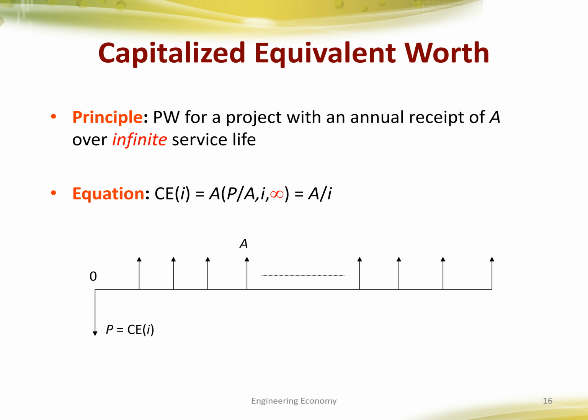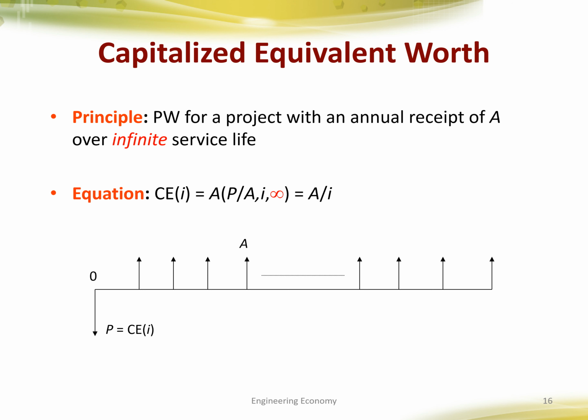Fortunately, if you take the equation that we used earlier, given A find P, which is a conversion from A to P, you can see that when n equals infinity, the equation can be simplified into A over i.